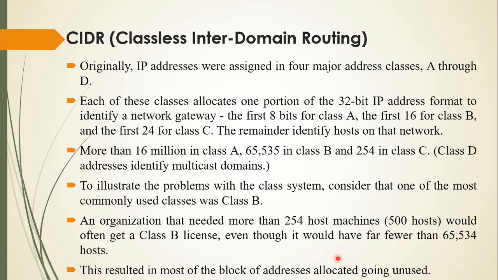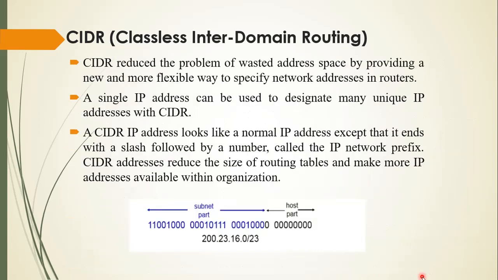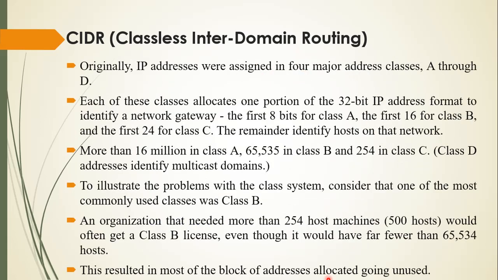So remember, we are commonly using class B, and organizations will always get a class B license. This resulted in most of the blocks of allocated addresses going unused. So many addresses are wasted and unused.